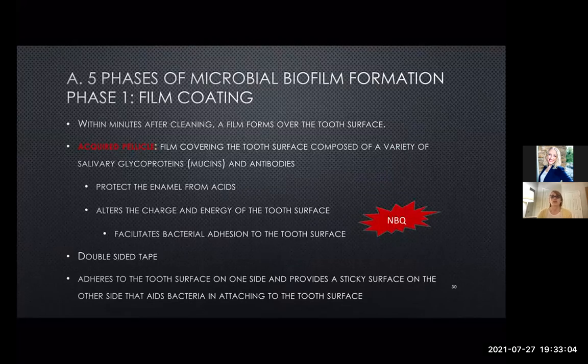So let's talk about these in phases. Phase 1, film coating. This is so important to understand. The acquired pellicle forms within minutes after a cleaning. We remove the acquired pellicle during a cleaning, but it can reform within minutes.